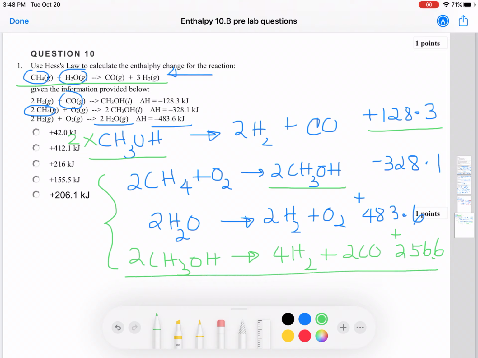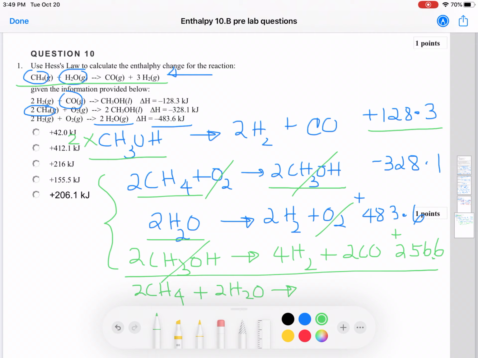Okay, so 2CH4, we're going to keep it as 2CH4 plus oxygen. Here this oxygen gets cancelled, and the 2 methanol get cancelled, and then we have 2 water here. It's not going to cancel, so we're going to keep the 2 water.